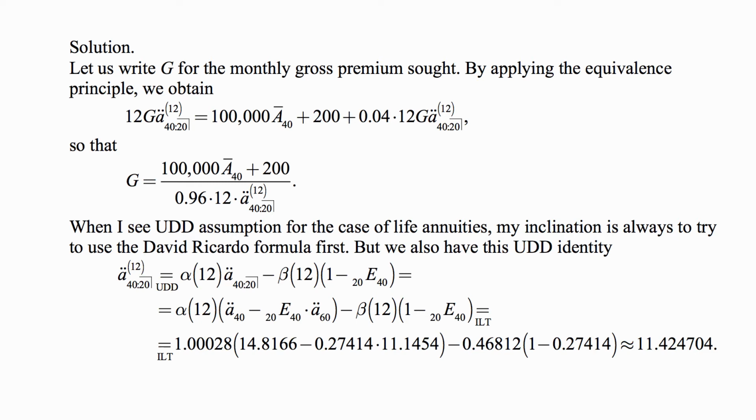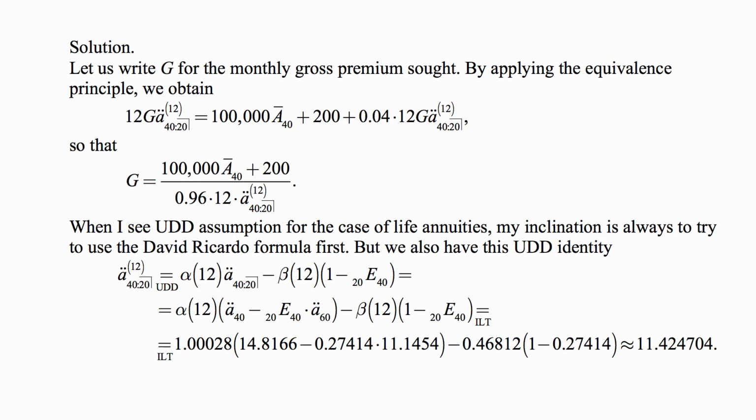Now, the reason why we subtract that is because the life insurance that corresponds to this life annuity would include the endowment part, but we don't account for it without effectively adding this component here.